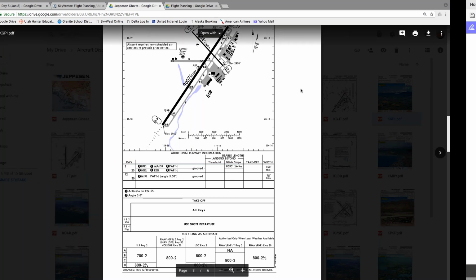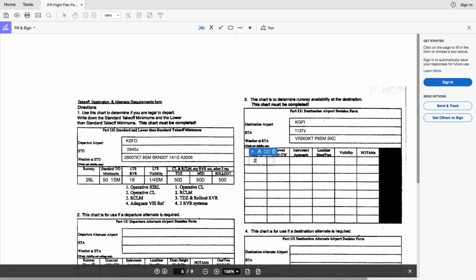Super simple. So, let's say something like that. We'll call it a headwind and we'll say it's grooved.